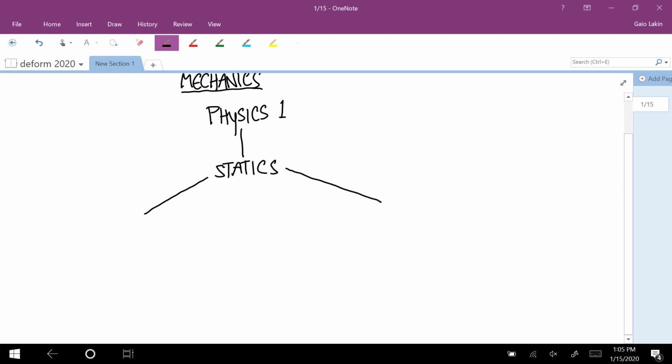One direction is towards answering the question sort of like, will the object break, and what can you say about how it's going to break, that kind of thing. The other direction you can go from statics is, how will it move?